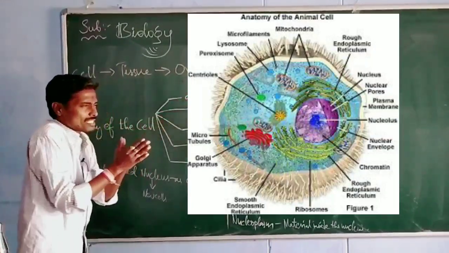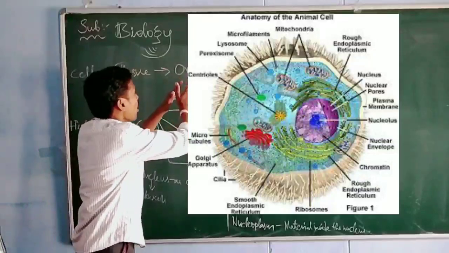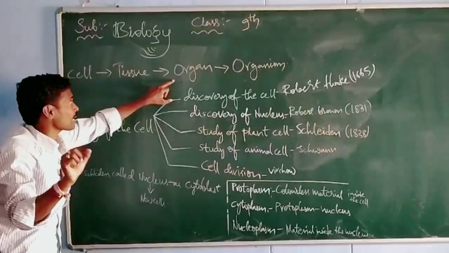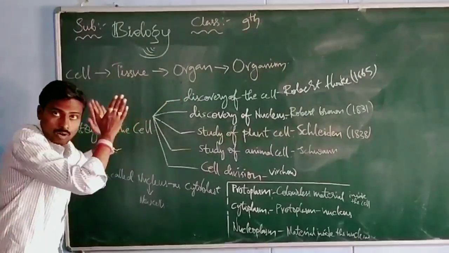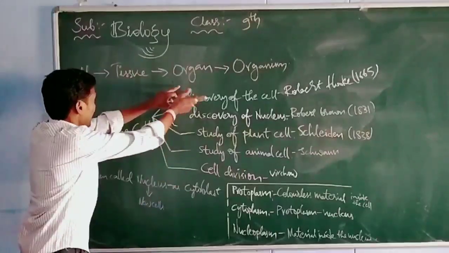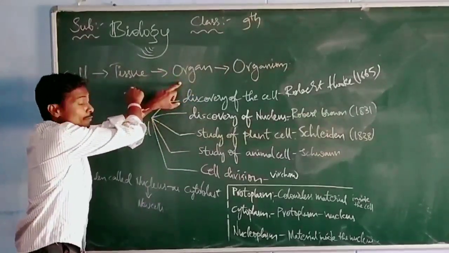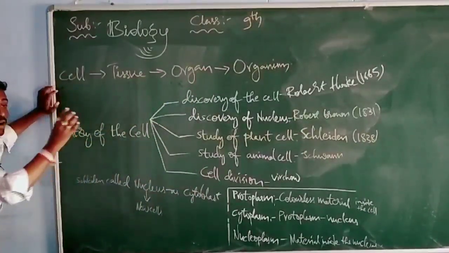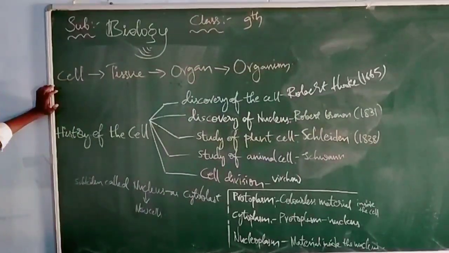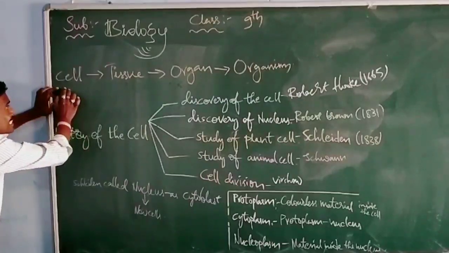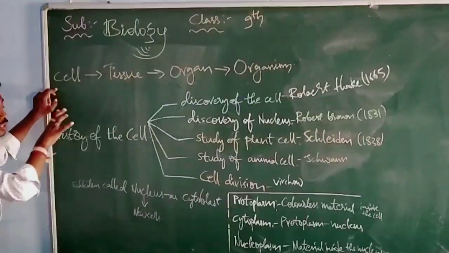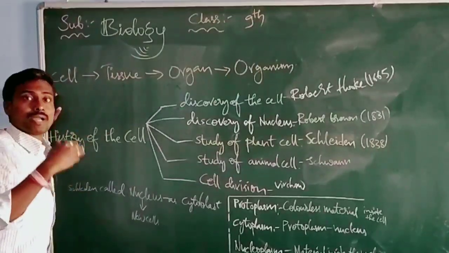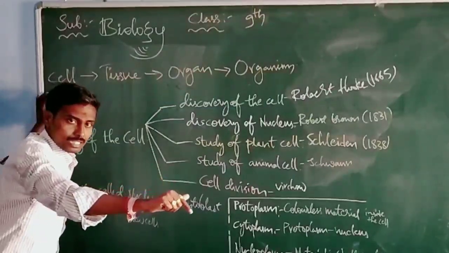You may be getting a little confusion regarding organ and organelle. Everybody should get clarity about the difference between organ and organelle. As I told you, an organ is made up of tissues. Organelles are bodies, some components, present in each and every cell. Those are called organelles. Examples of organelles: nucleus, mitochondria, chloroplast, which is present in plants, and lysosomes.